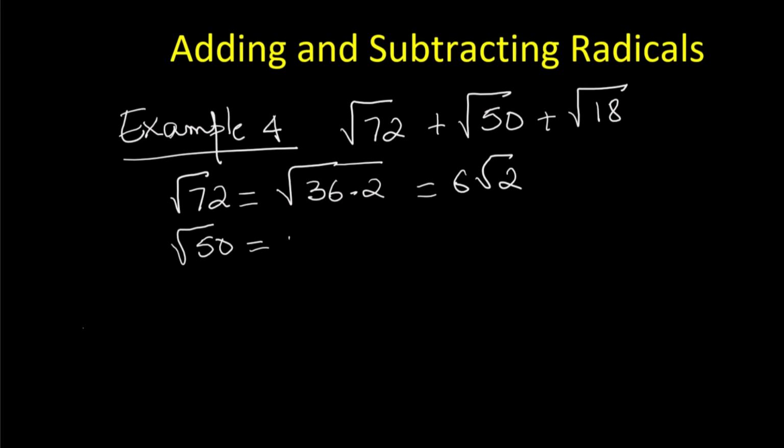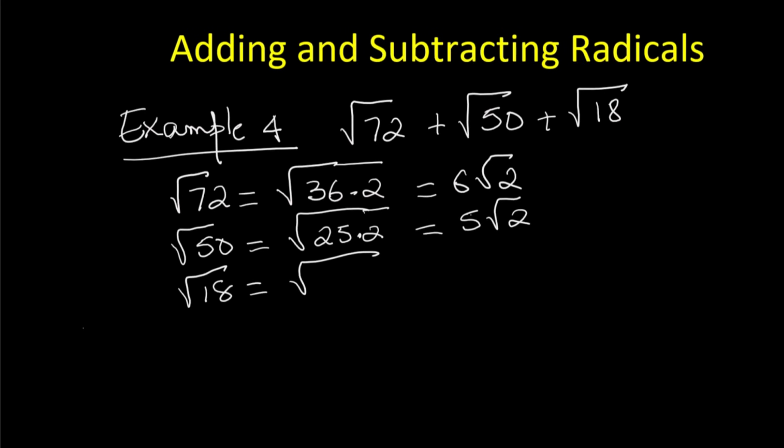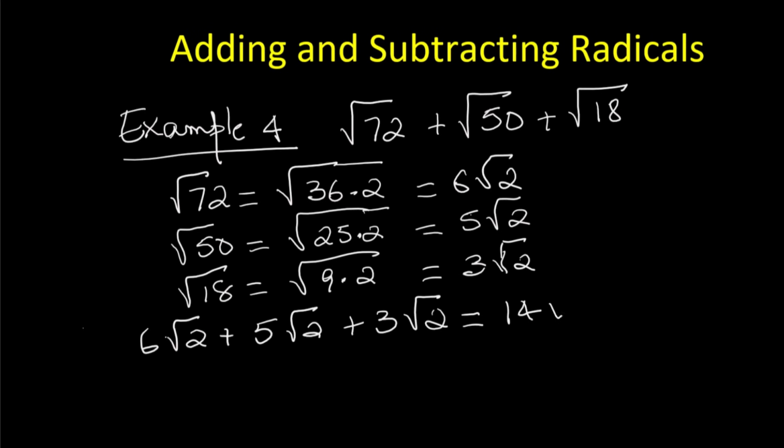The square root of 50 is the square root of 25 times 2, which becomes 5 times the square root of 2. The square root of 18 is the square root of 9 times 2, which becomes 3 times the square root of 2. Now add the coefficients. 6 plus 5 plus 3 equals 14. So the result is 14 times the square root of 2.